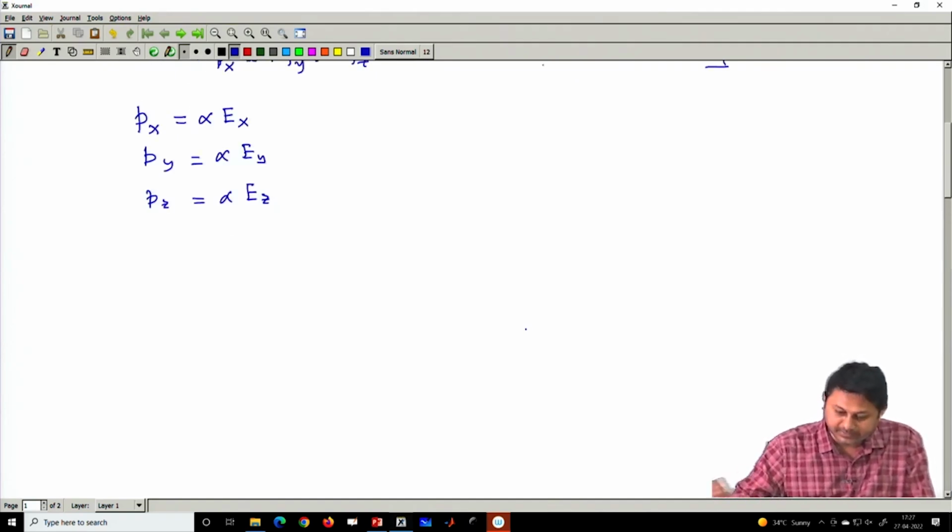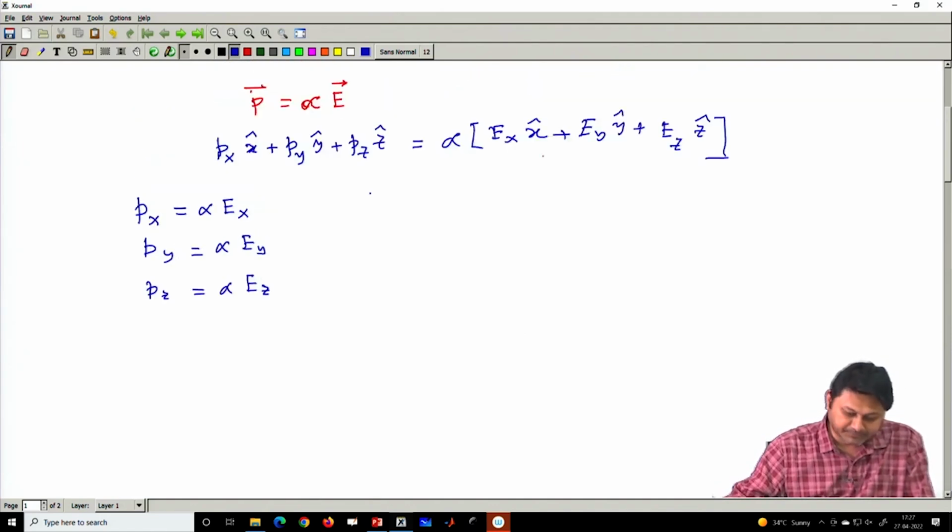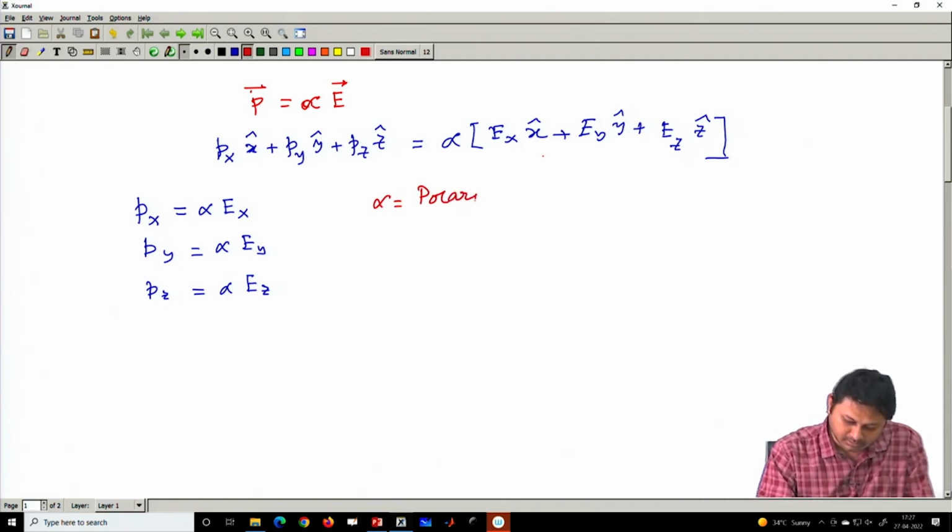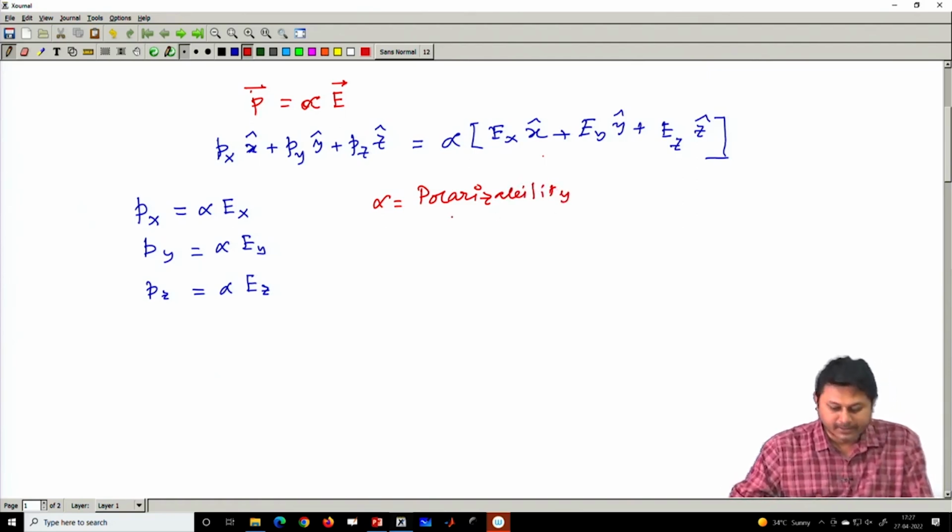Here alpha is the polarizability of the system.